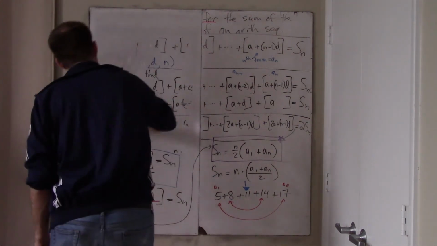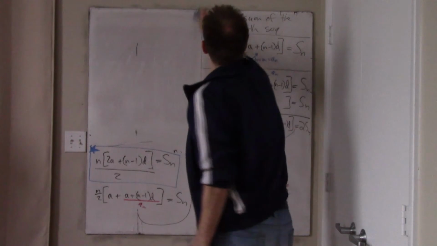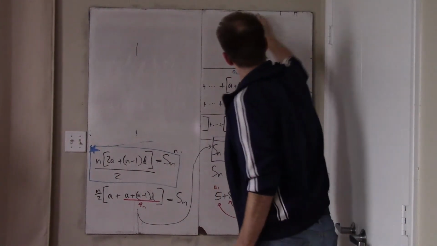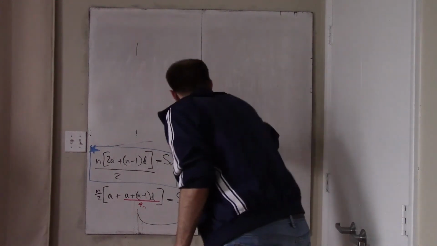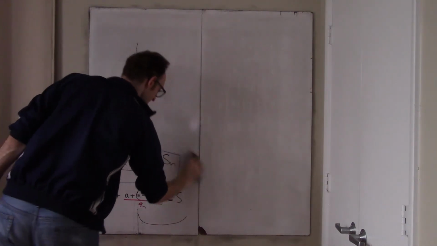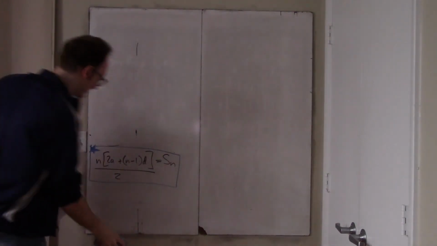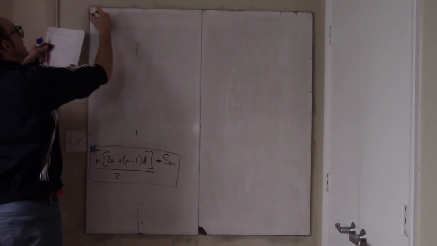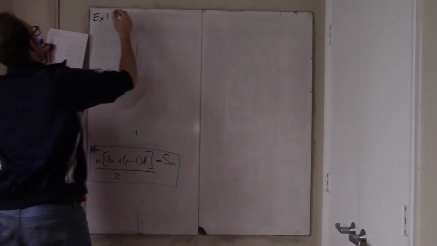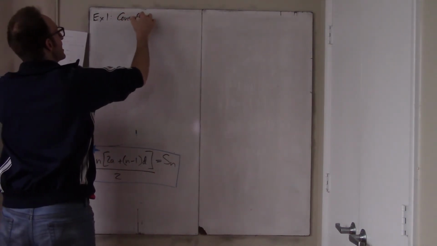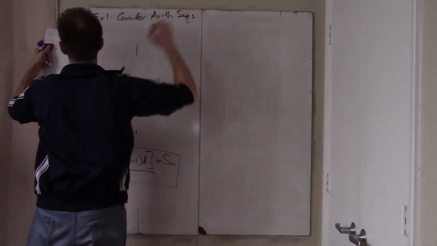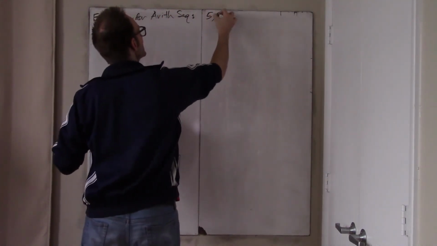Okay, so I'll erase everything, maybe, but the formula that we have written here, and let's do example 1. Consider an arithmetic sequence, which is defined as follows: 5, 8, 11.